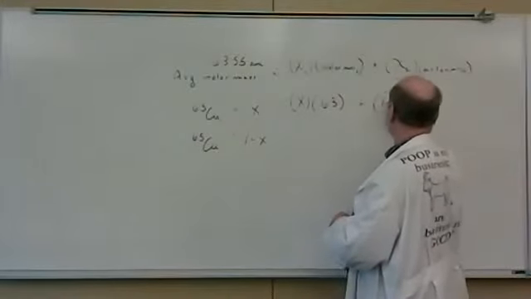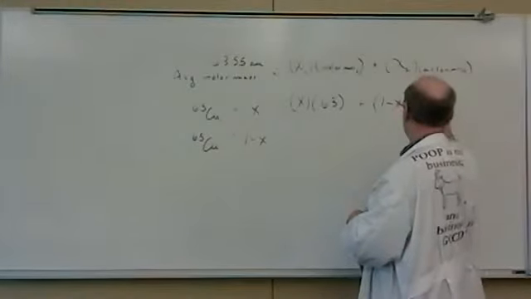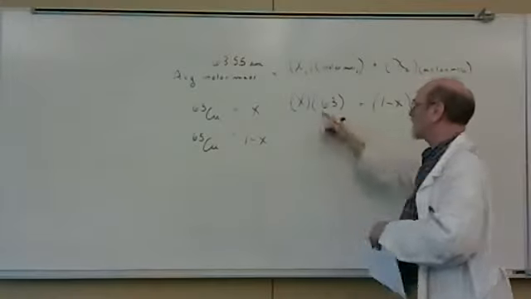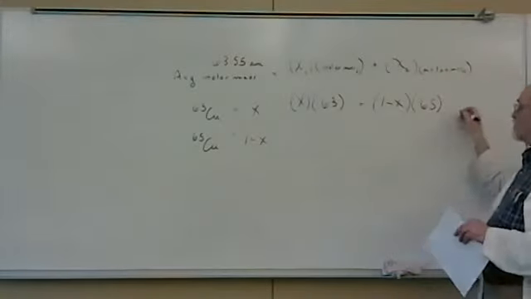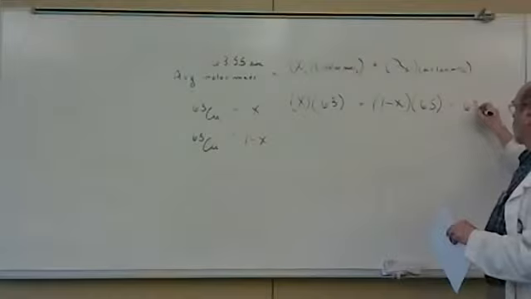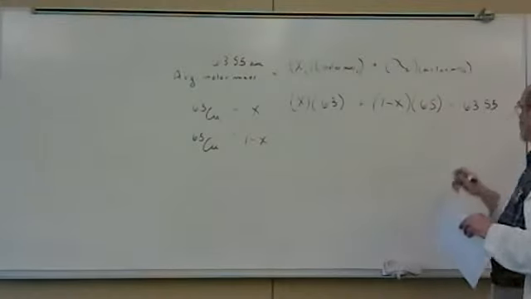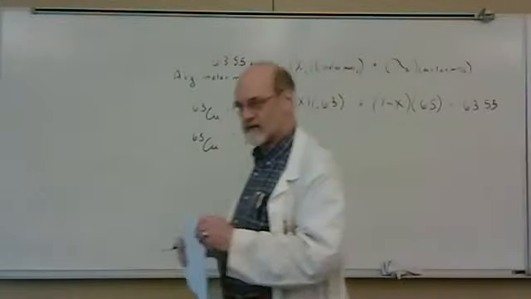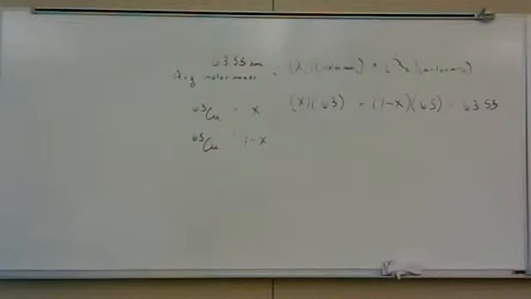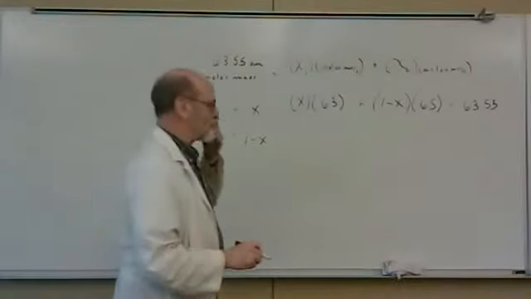And then this fraction times 65, that's what it contributes to the total. And both of those together, added up, is 63.55. We're good so far? Okay.